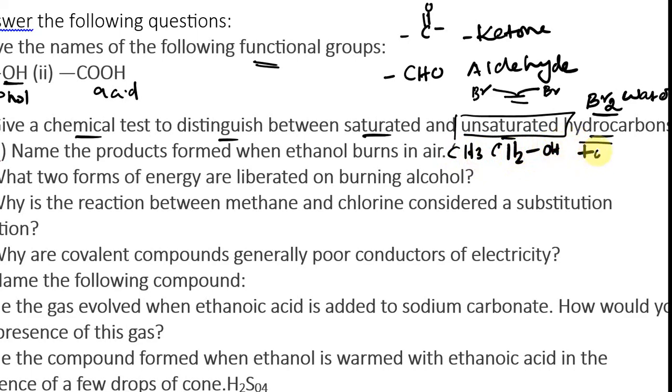When it burns in air, alcohol gives carbon dioxide plus water plus heat plus light, because this is an exothermic reaction. So ethanol when it burns in air gives carbon dioxide plus water plus heat and light.